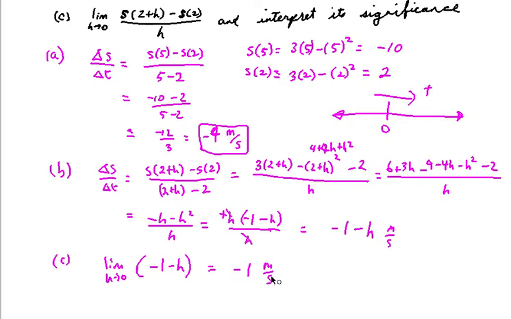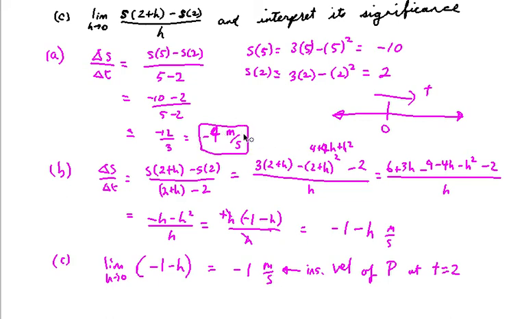What does this mean? You can see that my s of 2 is my starting point. So what this tells me is this is the instantaneous velocity of my particle P at time 2.